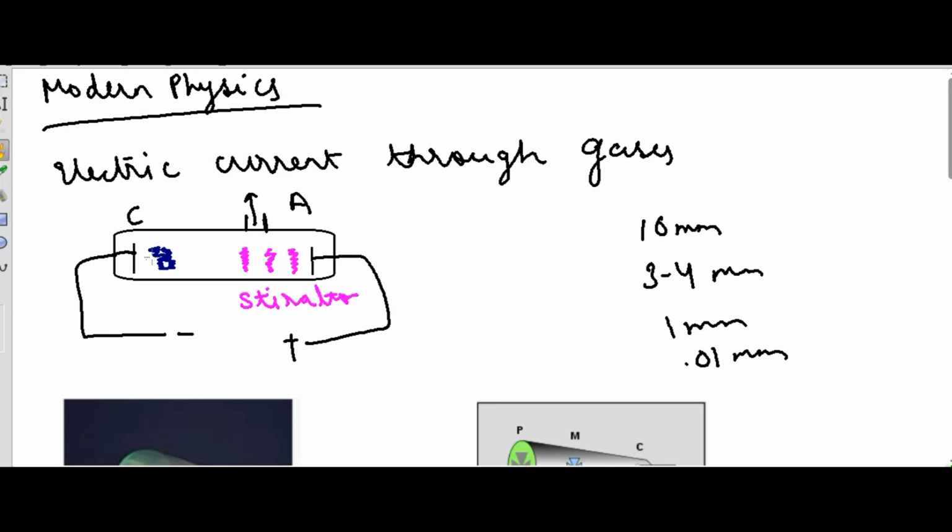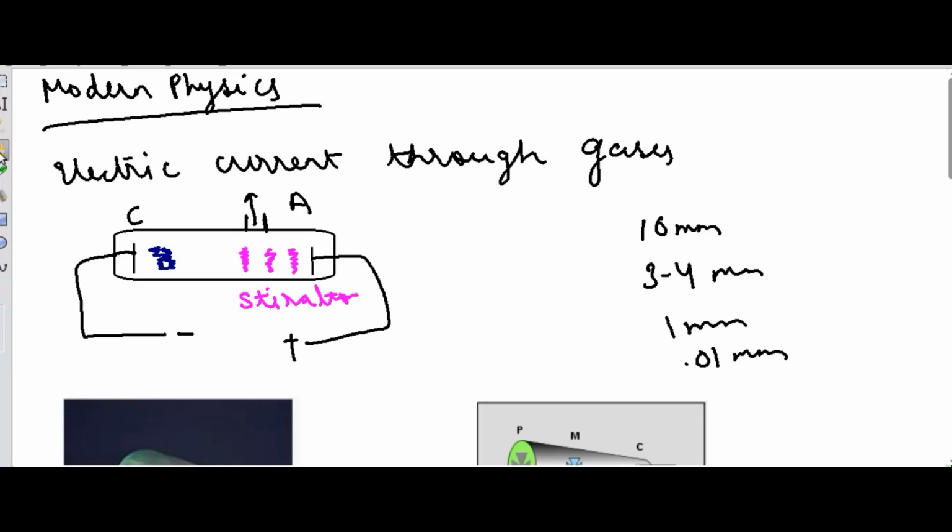Let us study the reason why we see the glow. When I apply a very large potential difference, air will already have some quantity of ionized gas, maybe because of cosmic rays coming from the universe, but in general any volume of air will have at least some small amount of ionic material.